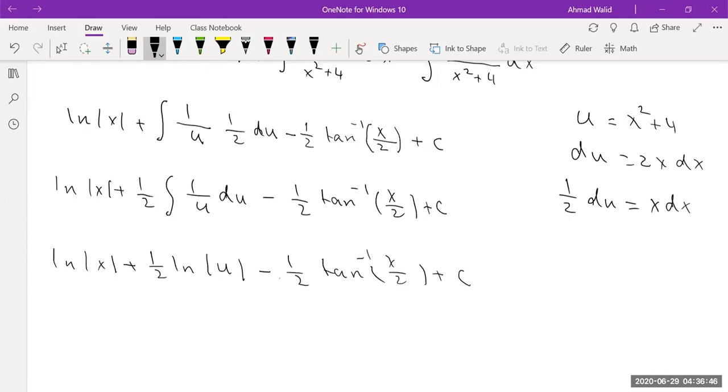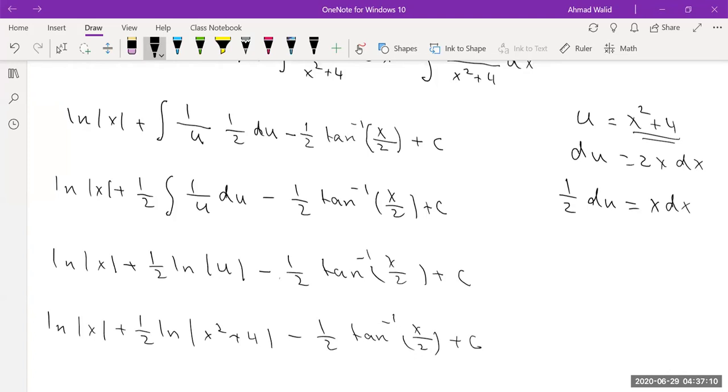Substitute back your u as x squared plus 4, and you can write ln absolute value of x plus 1/2 ln absolute value of x squared plus 4 minus 1/2 inverse tan of x over 2 plus c. Final answer.